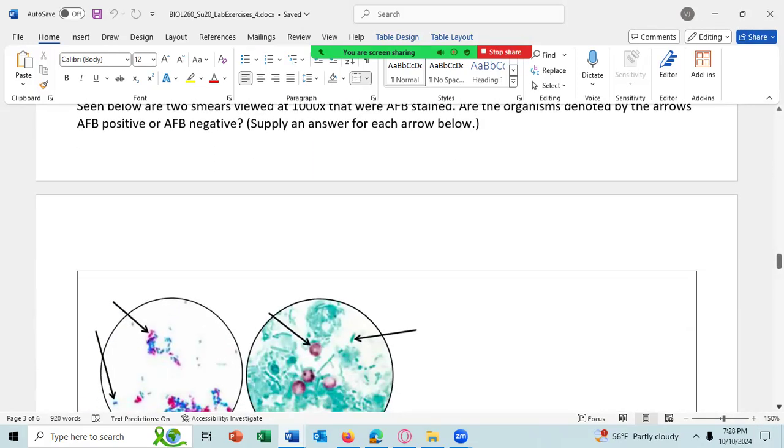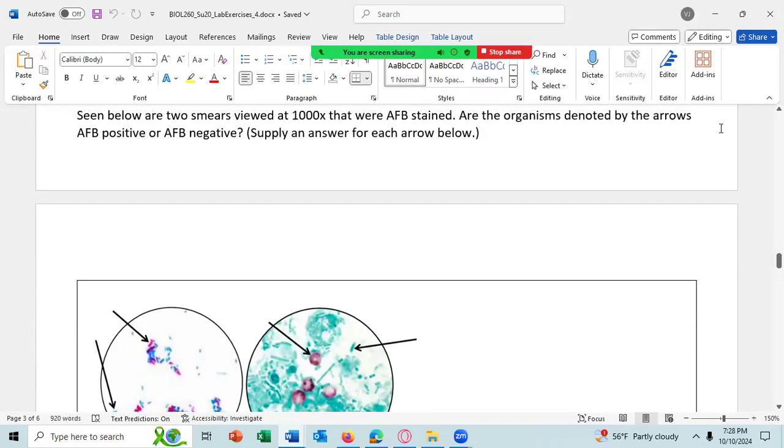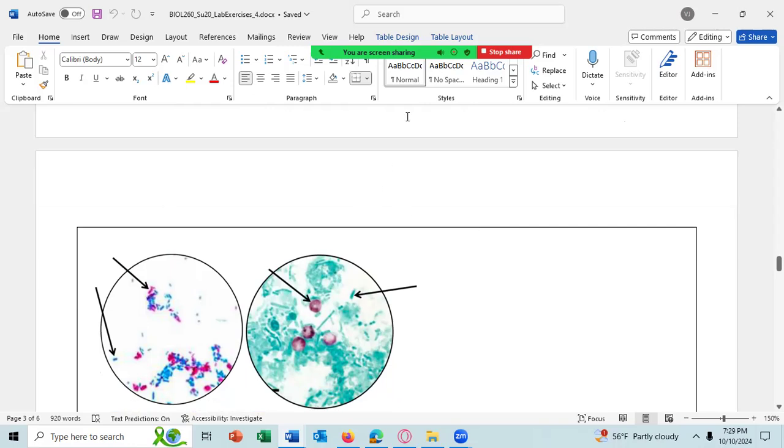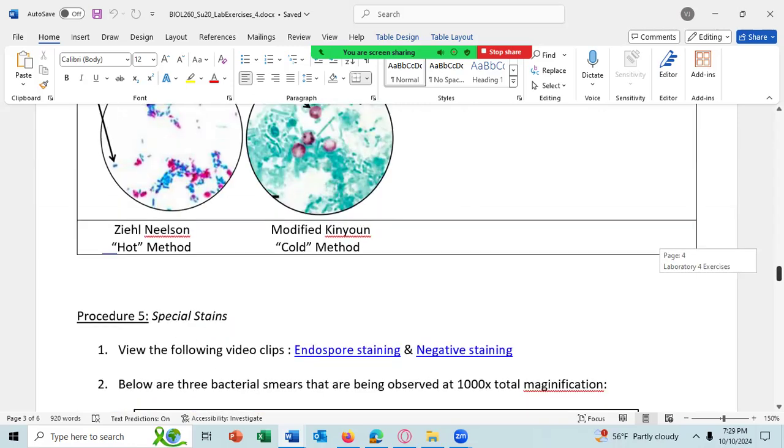Seen below are two smears viewed at 1000x objective lens that were acid-fast bacteria stained. Are the organisms denoted by arrows acid-fast bacteria positive or acid-fast bacteria negative? You have to state either with the arrow, right here or right there, or you can do either above the picture or below the picture.